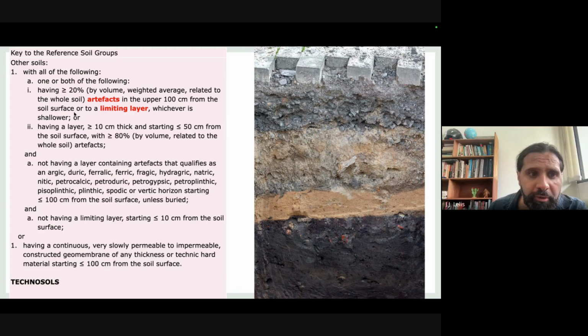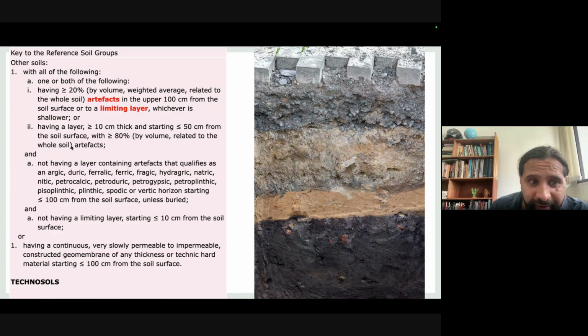Or they have a layer that has at least 10 centimeters of thickness, and this layer starts in the first 50 centimeters below the soil surface and has at least 80% of artifacts. So if the amount of artifacts increases, I should register only 10 centimeters, which will be enough. But these artifacts also should be closer to the surface, so in the first 50 centimeters.